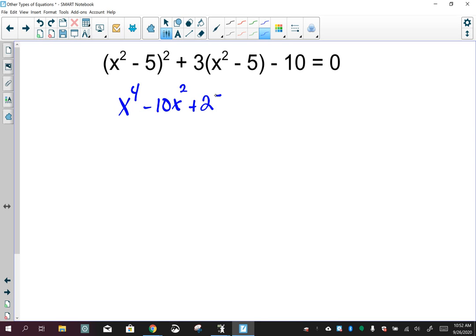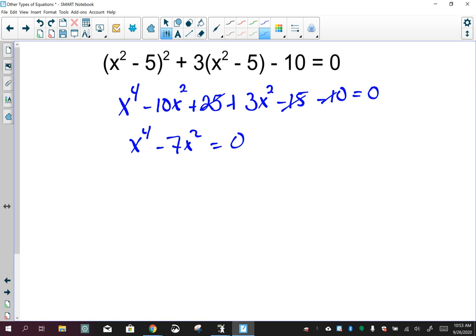Plus 25 plus 3x squared minus 15 minus 10 is equal to 0. So we have x to the 4th minus 7x squared. This 25, and that'll be a negative 25. So these are going to cancel, and that leaves you with this.